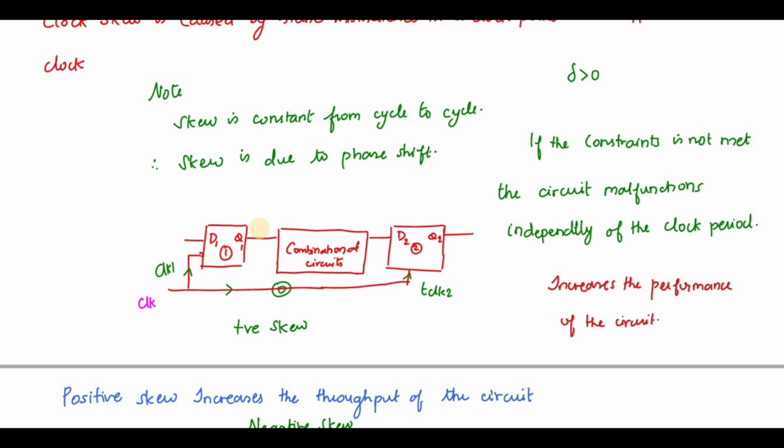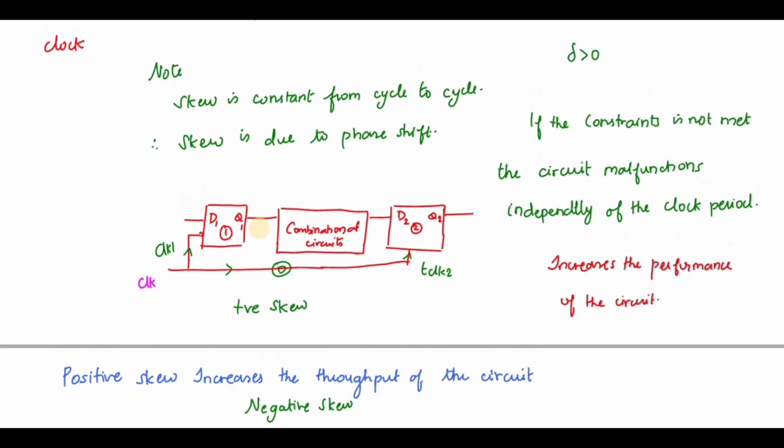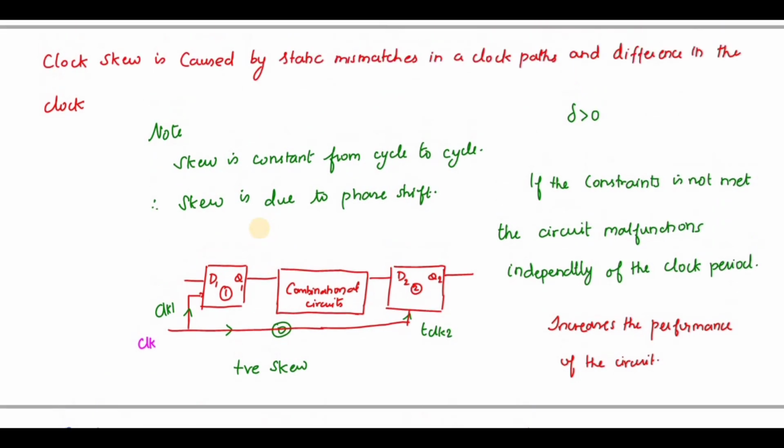But it may be susceptible to race condition. This positive skew increases the throughput of the circuit. There is no problem with the setup time, but it will cause a problem in the hold time, right?